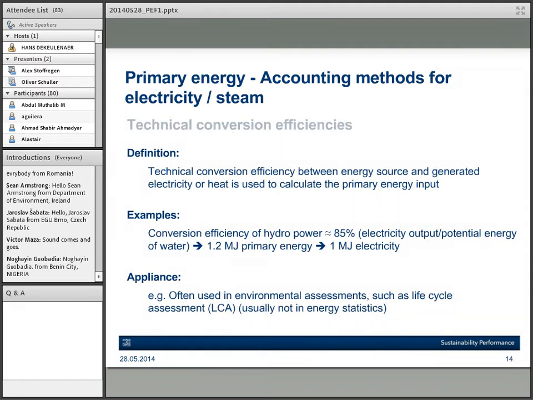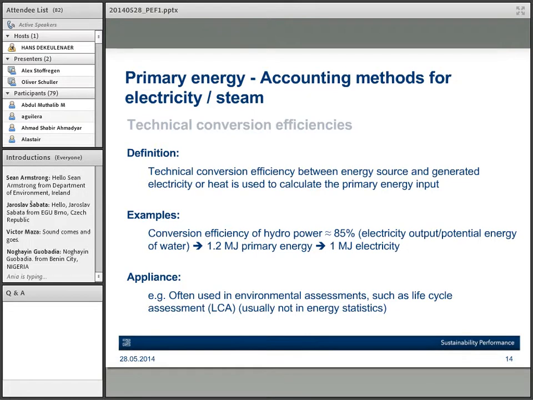And then finally, we have the technical conversion efficiencies. What the technical conversion efficiency method does is basically look at how much primary energy in the form of radiation goes onto a photovoltaic panel and how much electricity is at the end produced.